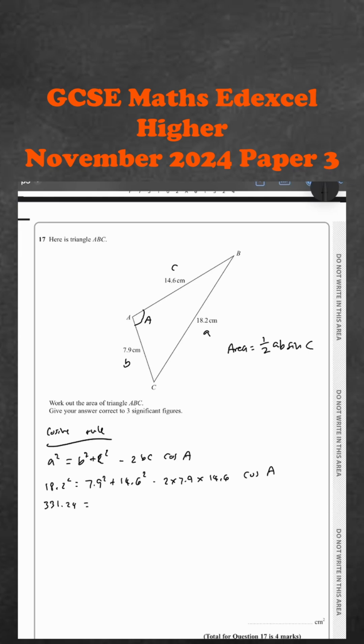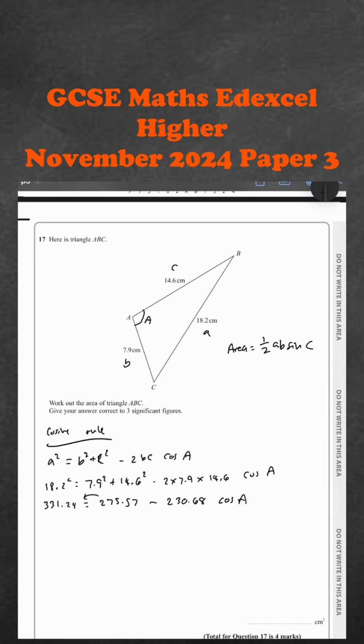If I put all these numbers into my calculator, we get 18.2 squared is 331.24 equals 7.9 squared plus 14.6 squared is 275.57 minus 230.68 cos A. Taking this onto the other side and then dividing through by the minus 230.68, we get 331.24 minus 275.57 divided by minus 230.68.